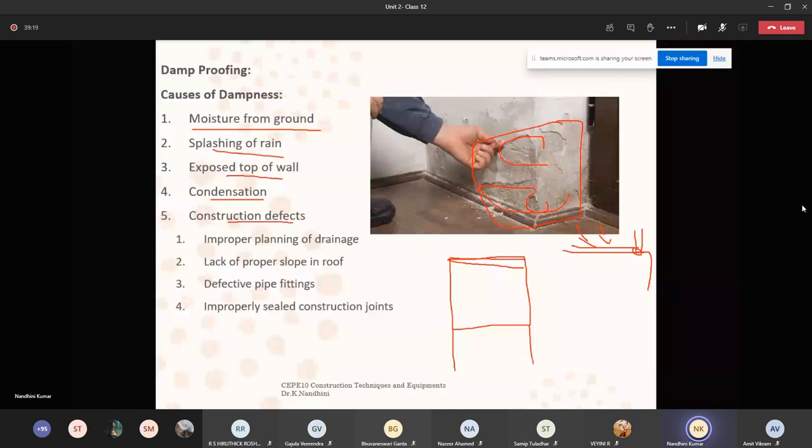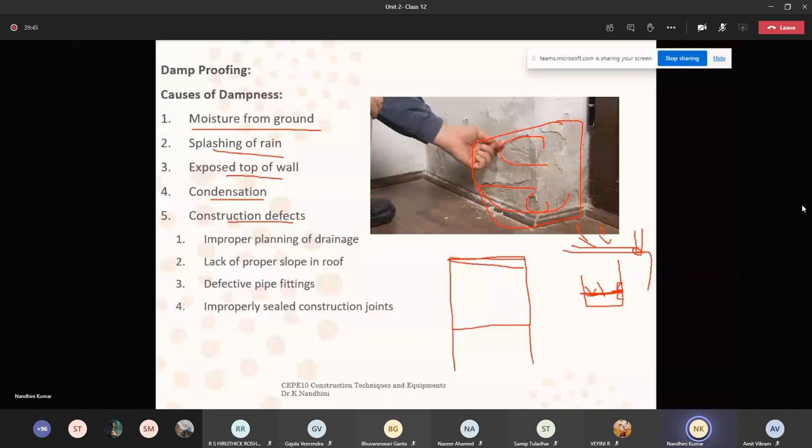If the slope provided is not proper, it may not be uniform. Like you can see, this is the splashing of water, and we'll have this as the water level. Water is getting stagnant here because maybe the outlet is at the top, or some manufacturing defect may be there. Our masons may not be that proper in providing it.